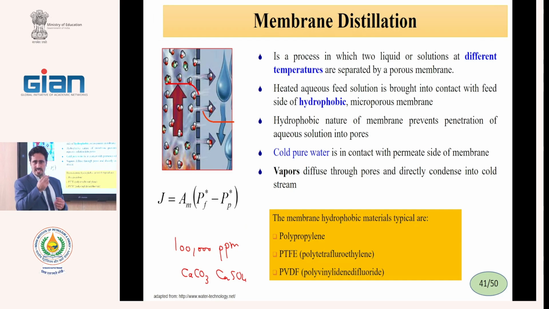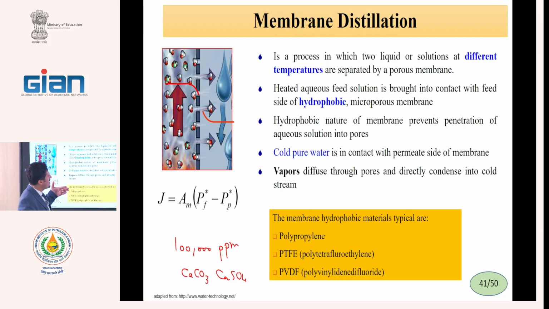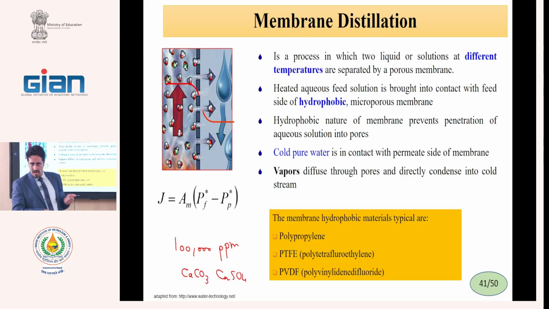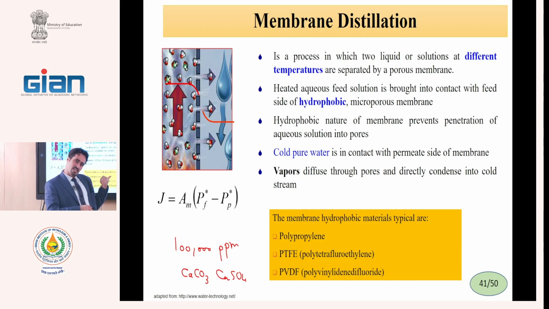When we have boiling, at the boiling point, we need a lot of energy, but we do not reach the boiling point. We increase the temperature to 70, 80, and at 80 centigrade some vapor is produced and passes through the hydrophobic porous membrane and condenses on the permeate side, based on the condensation method.